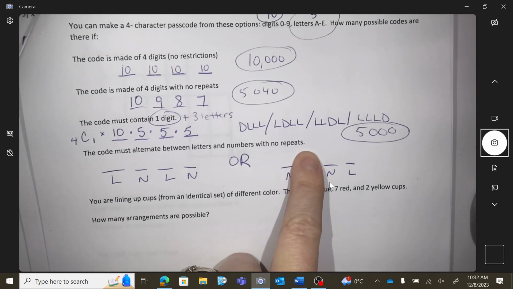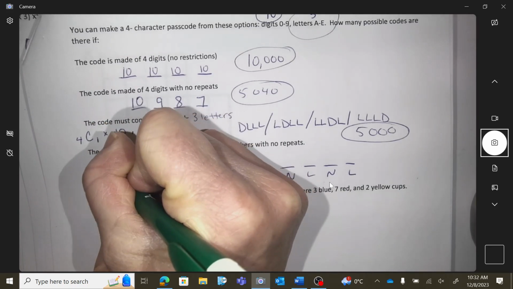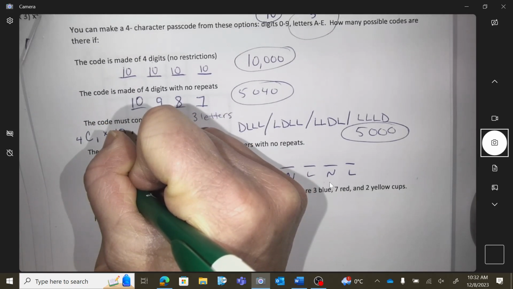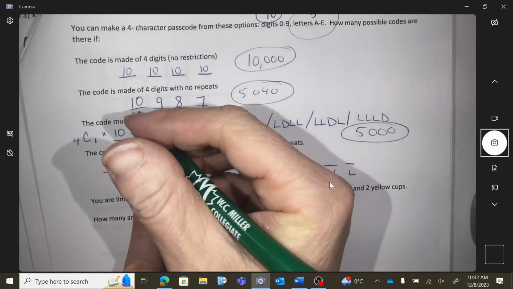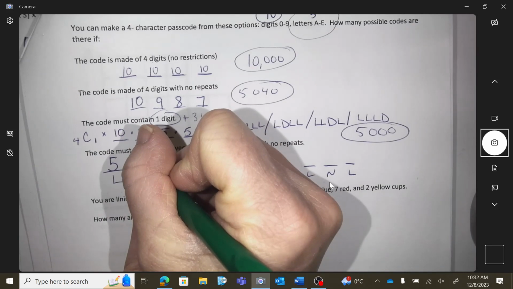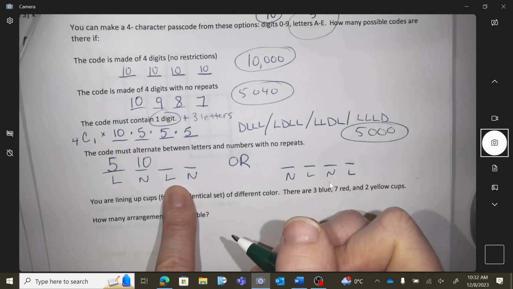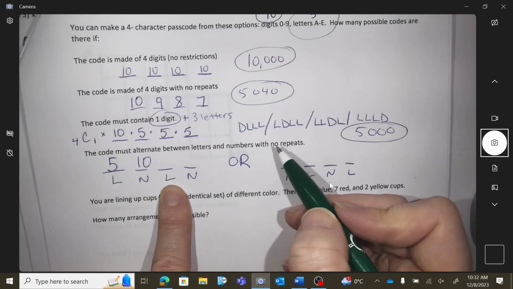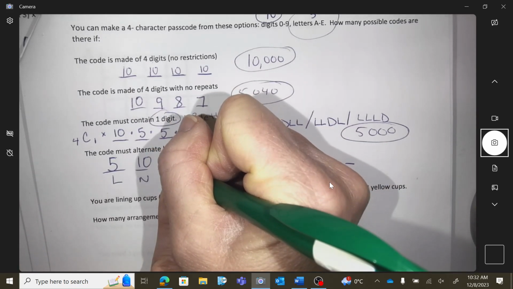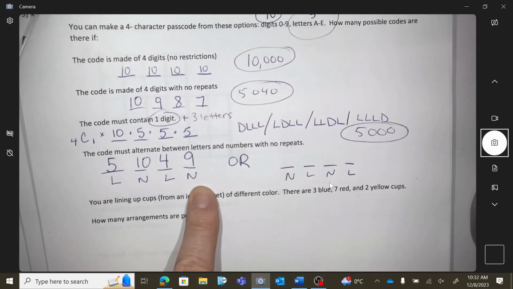No repeats. Okay, so how many letters do I have? 5. How many numbers do I have to pick from? 10. Now I need to put another letter, but I wasn't allowed to repeat. So I only have 4. Back to numbers. How many numbers do I have to pick from? 9.